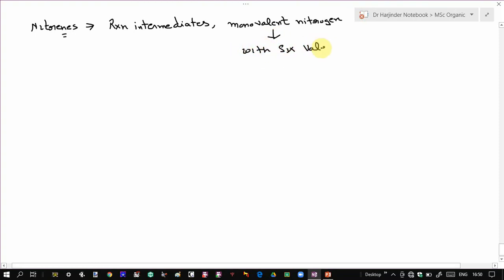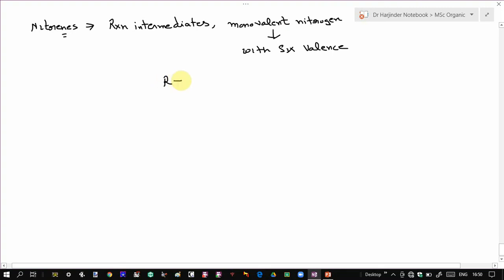If you remember, in case of carbenes, you have a divalent carbon with 6 valence electrons, but in case of nitrene, since it's a nitrogen analog, you have monovalent nitrogen with 6 valence electrons. Monovalent means there's only one covalent bond with nitrogen.